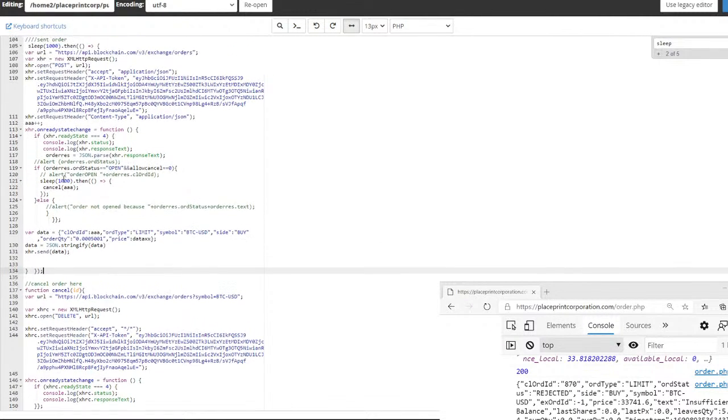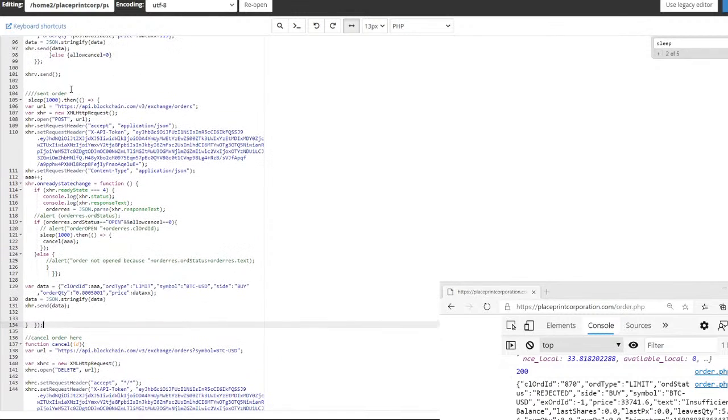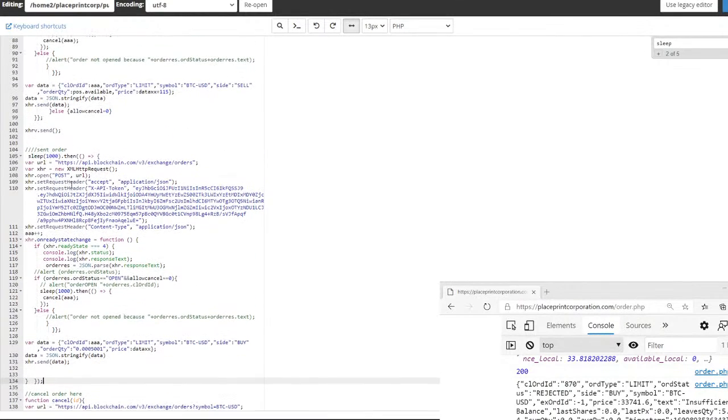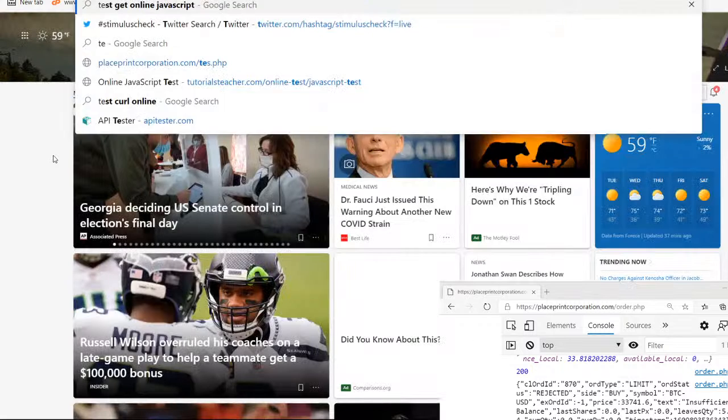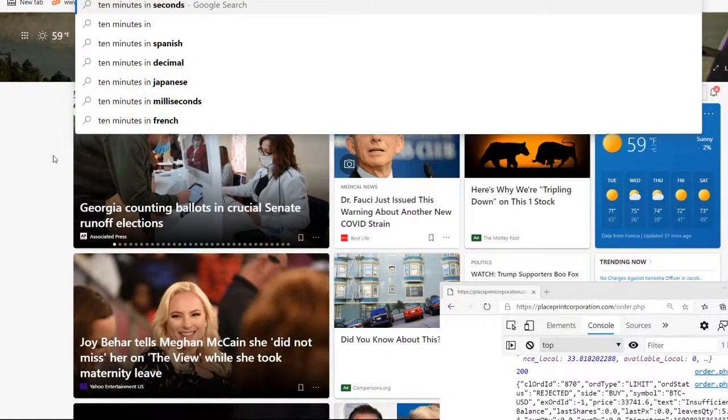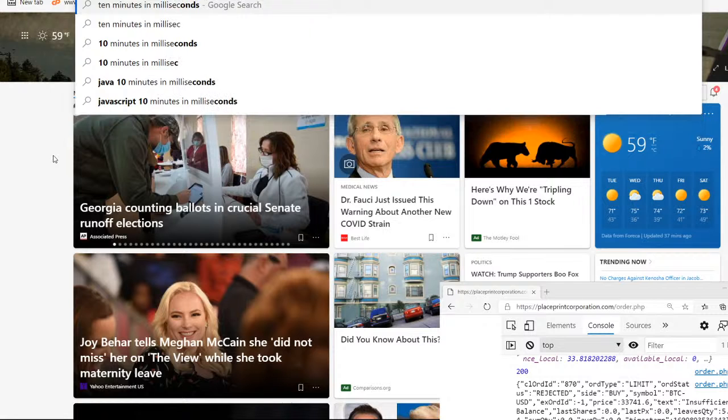So that whole thing is on a sleep timer, and it's doing it for 1 second. 1,000 milliseconds is 1 second, so 10,000 would be 10 seconds. So let's just do 10 minutes in milliseconds.